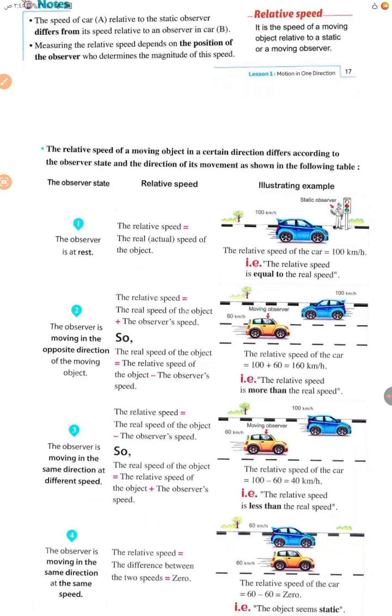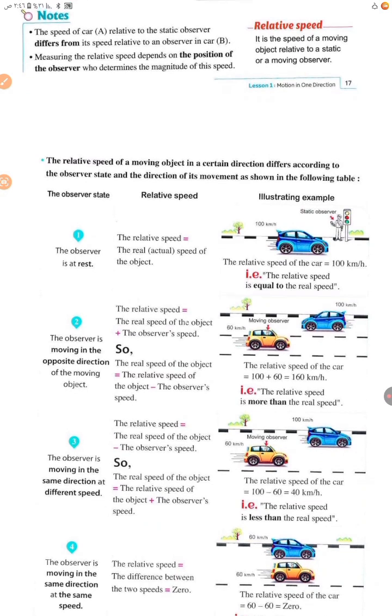First case, الobserver is at rest, في حالة سكون. The relative speed equals the real, actual speed of the object, السرعة الحقيقية للشيء. مثال عليه, relative speed of the car, زي المثال دوت كده.